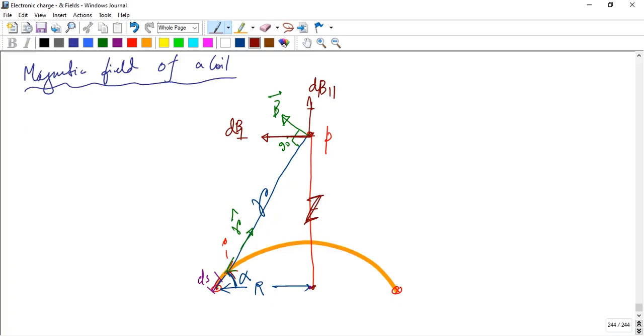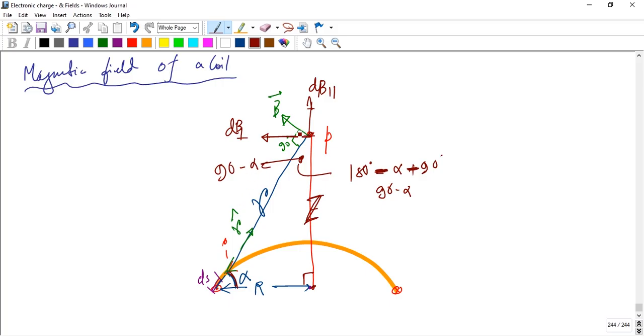If this angle is alpha and that is 90 degrees, then this angle is 180 minus alpha plus 90. So this angle is 90 minus alpha.